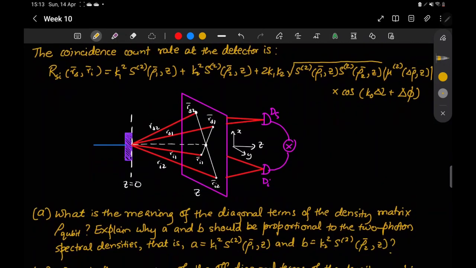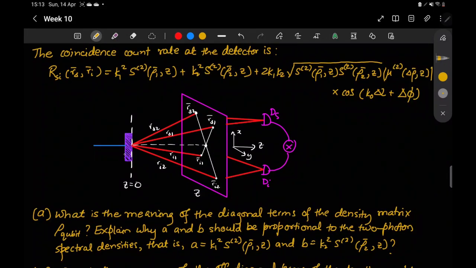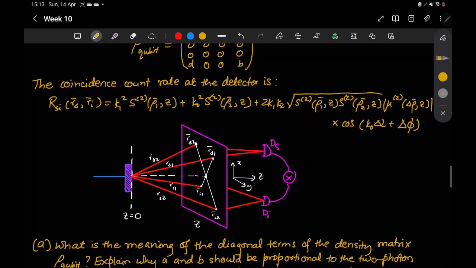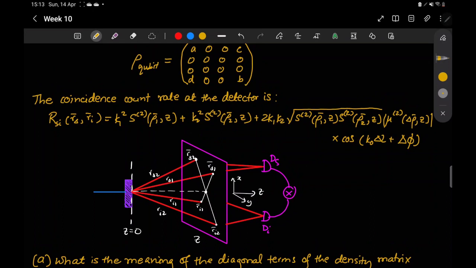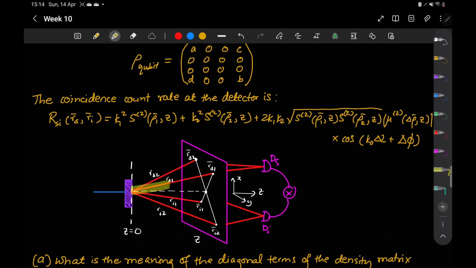So let me first explain this setup. We have the PDC source, and this gives out signal and idler photons, and then we have this 4-hole interference setup and then the two detectors DS and DI. Now what is happening is that if the signal photon goes through hole RS1, then the idler photon will go through hole RI1.